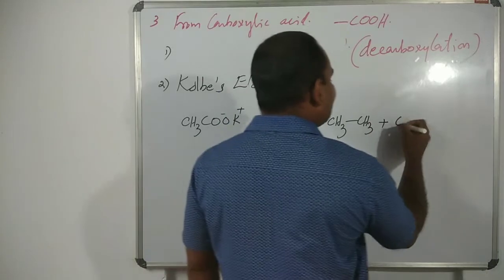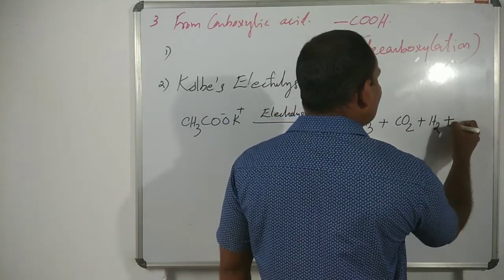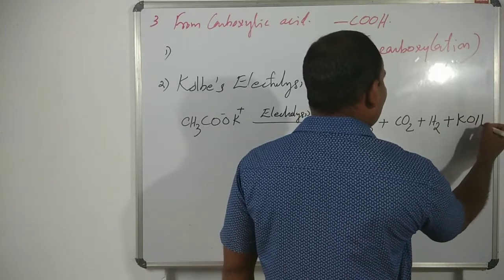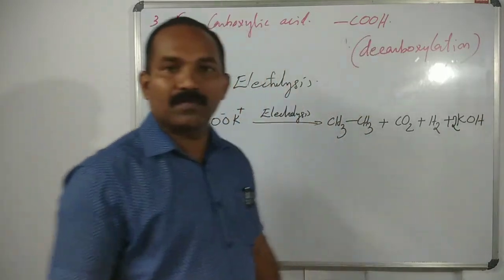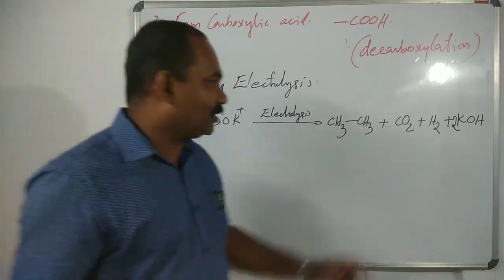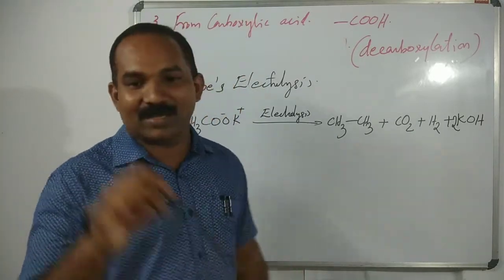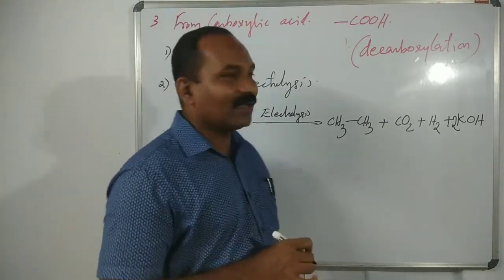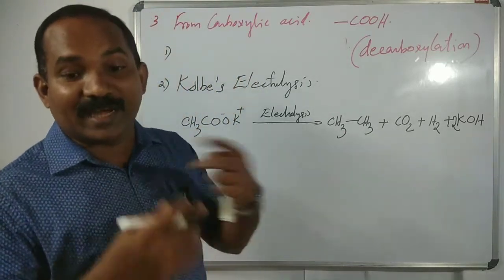C2H6 plus carbon dioxide plus H2 plus KOH. No need to bother about the byproducts. Usually in organic compounds byproducts are not written, but we try to study that.